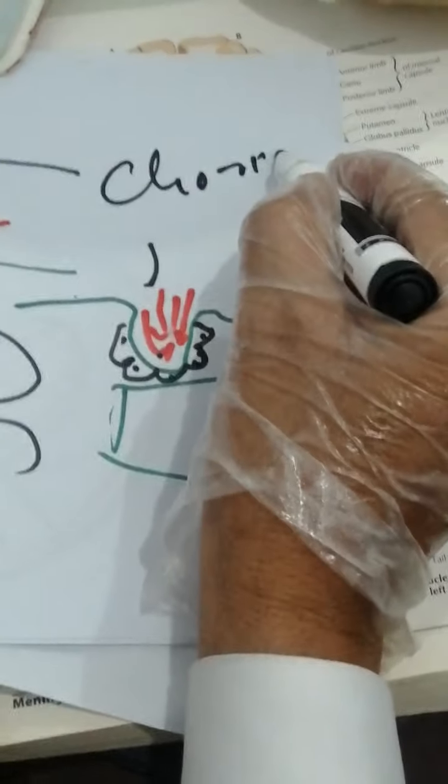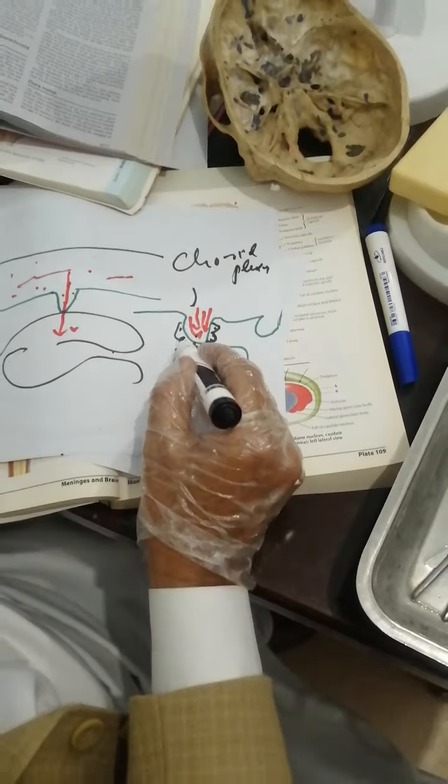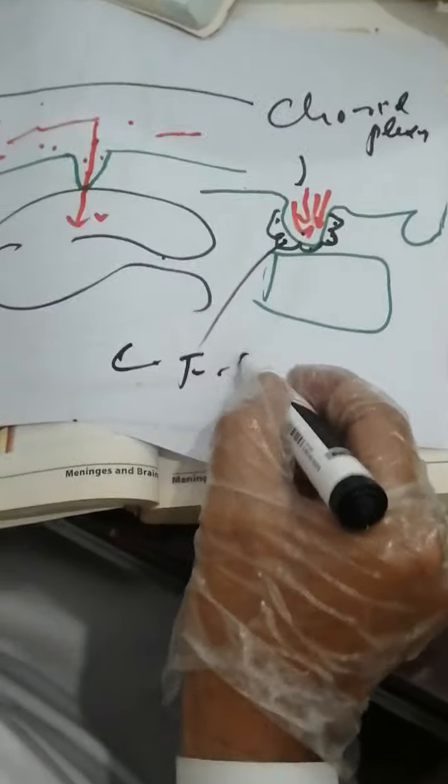And this choroid plexus is responsible for the formation of CSF, cerebrospinal fluid.